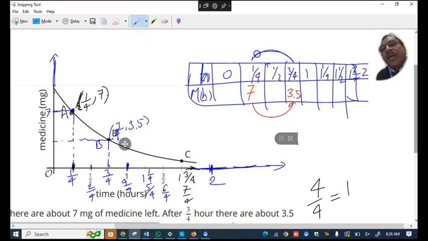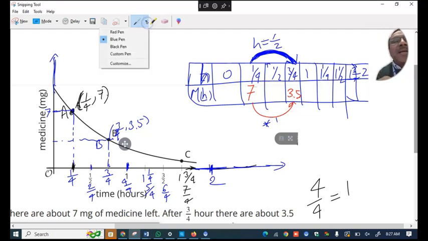So from here to here, what's the time period from 1/4 to 3/4? From 1/4 to 3/4 is how many hours? Half hour, right? So I'll put half hour. For every half hour, the red color is the factor. What's the decay factor here? Half, right? That's the beautiful part.